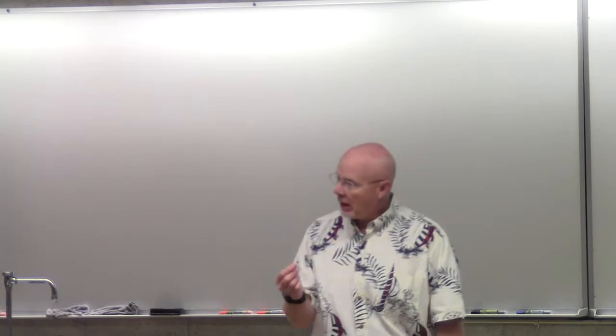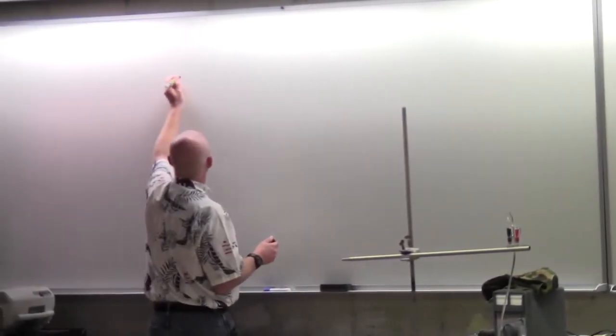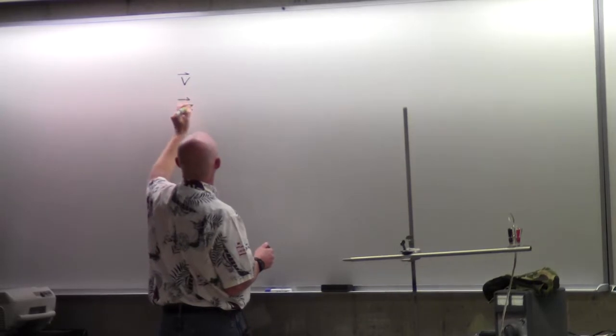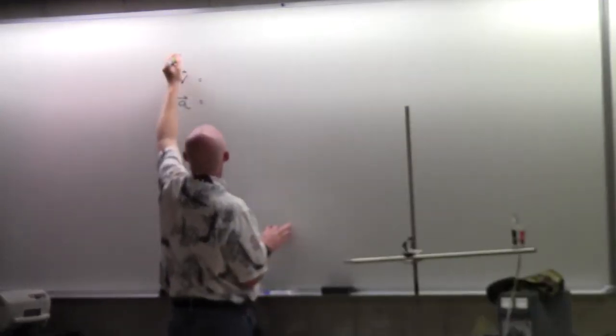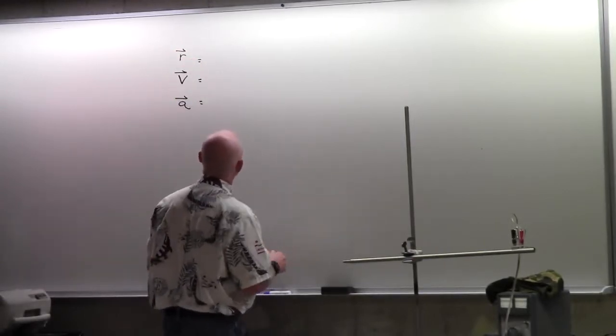So those little i-hats added to our mathematics. And so now we have things like: the velocity is, or the acceleration is, or the position is. I haven't used this notation quite yet, but we will as we get started.